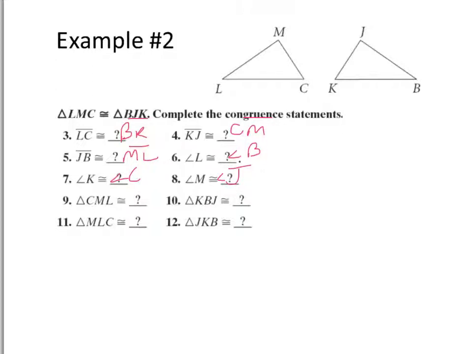So for number 9, I'm looking at triangle CML. So if I line everything up with the angles in the second triangle, for number 9, I'm going to have triangle KJB. For number 10, I have to line up my triangles so they're congruent to KBJ. So my answer for number 10 is going to be triangle CLM.